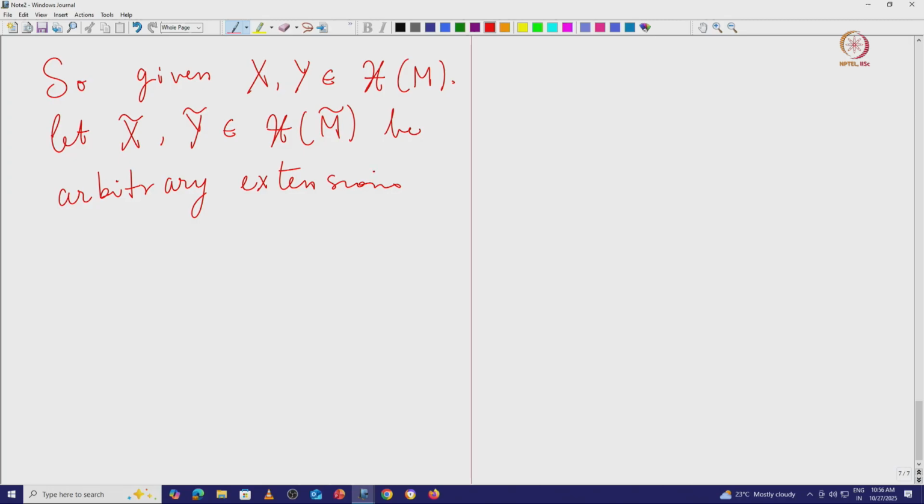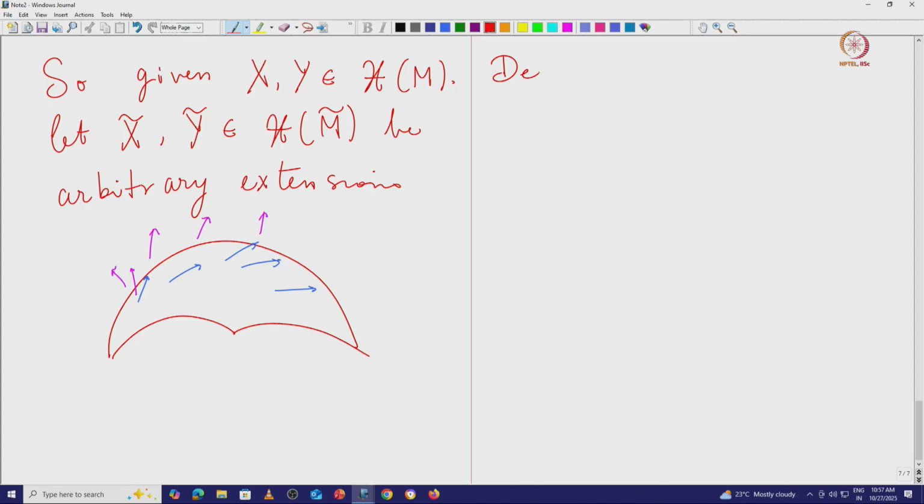So, just to give you an example, you have a vector field that is sort of tangential along this manifold, then you just sort of extend this arbitrarily to a vector field on the entire ambient manifold, and you simply define this.